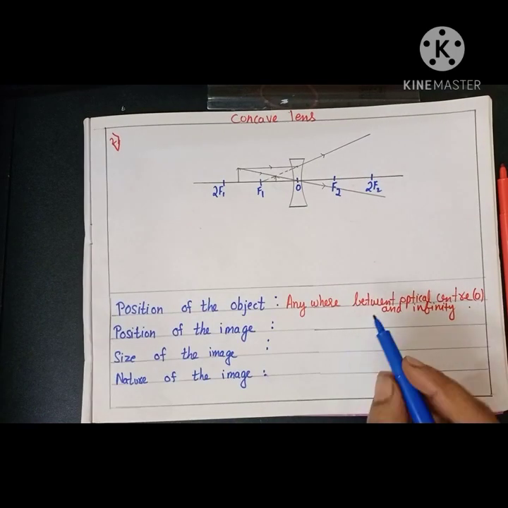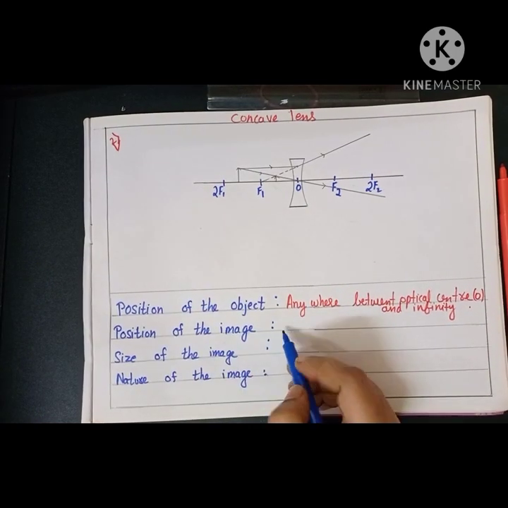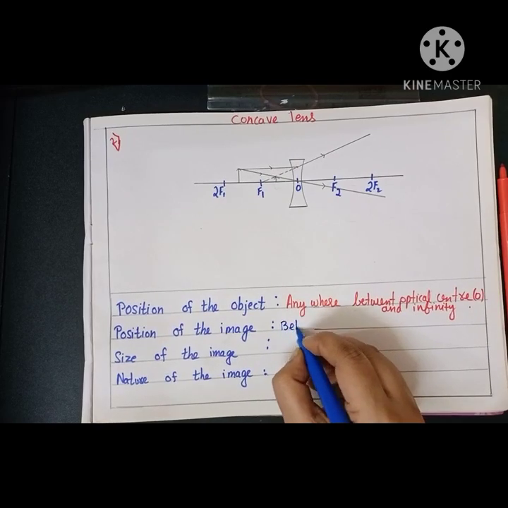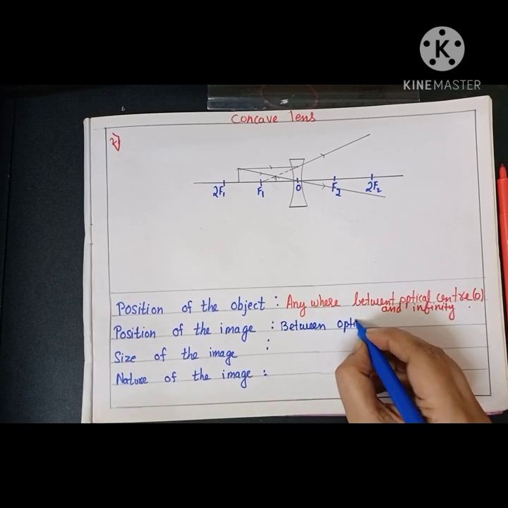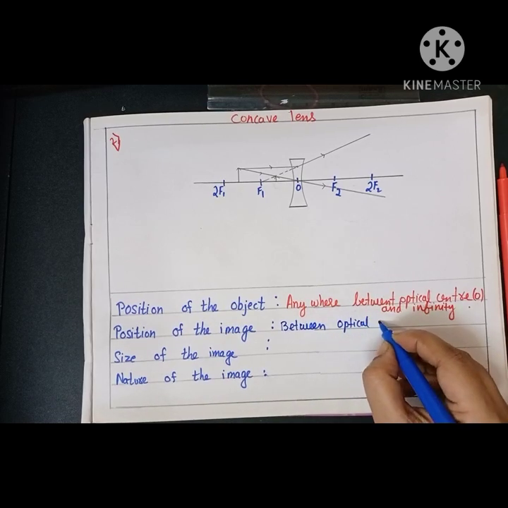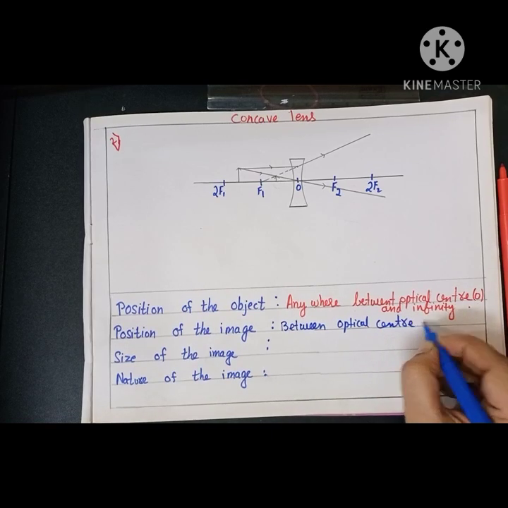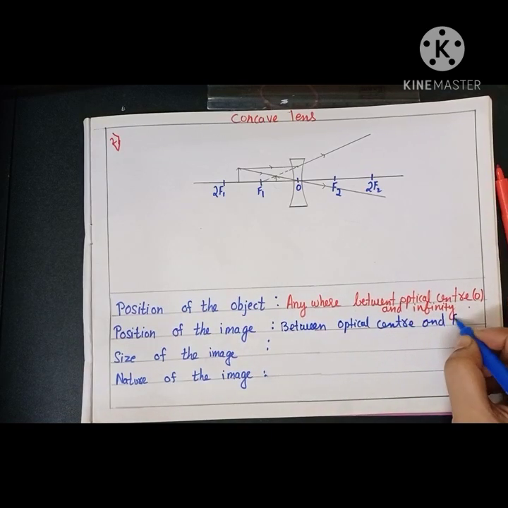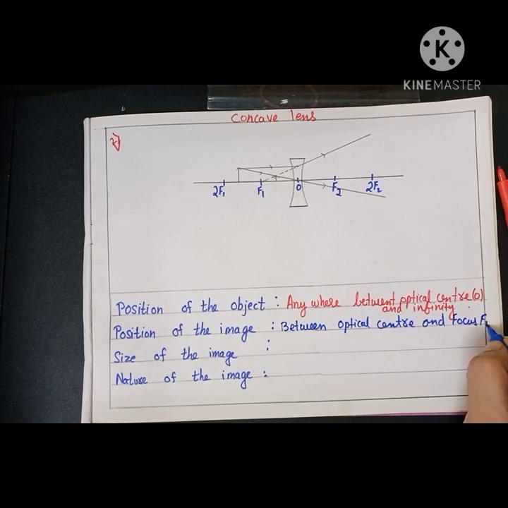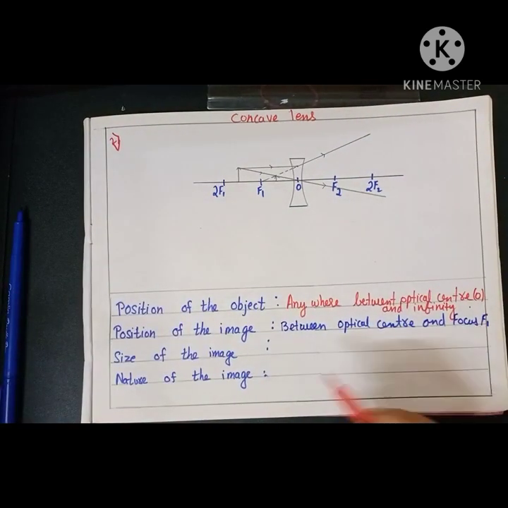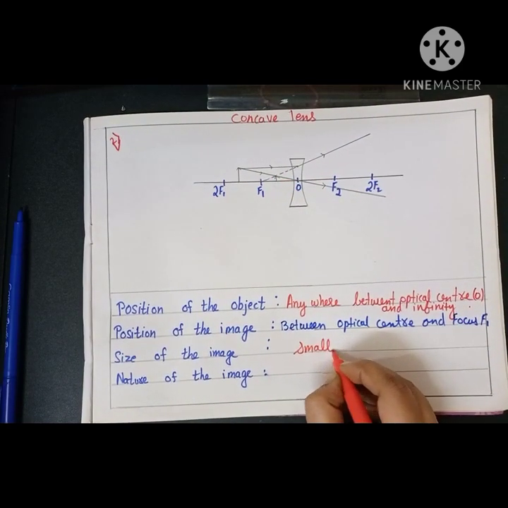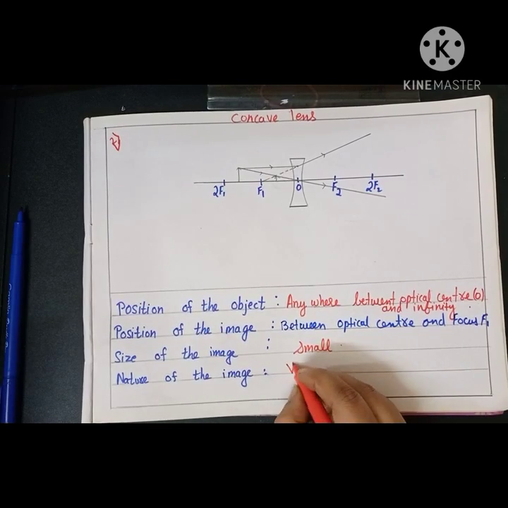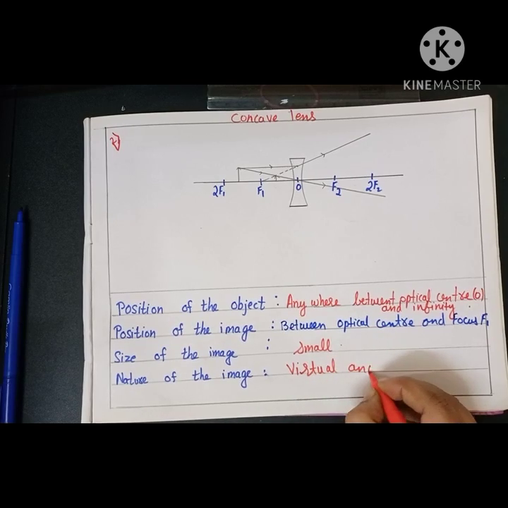So you will write position of the image, that is between optical center and focus F1. Size of the image, when you will compare, it is small, so you will write small. It is on same side, so nature of the image is virtual and erect.